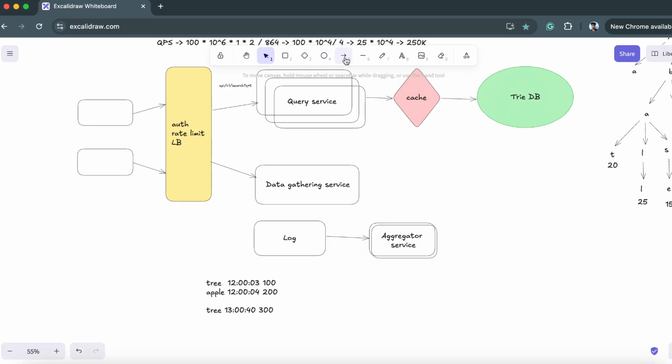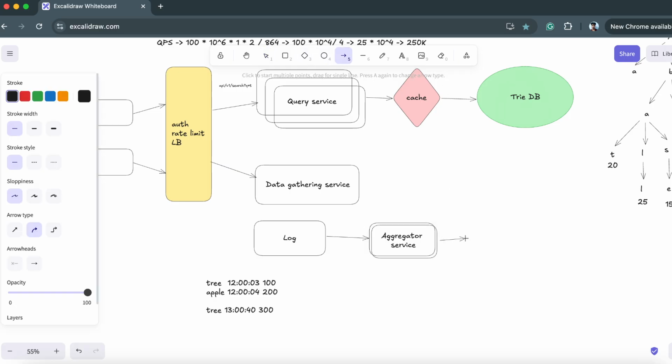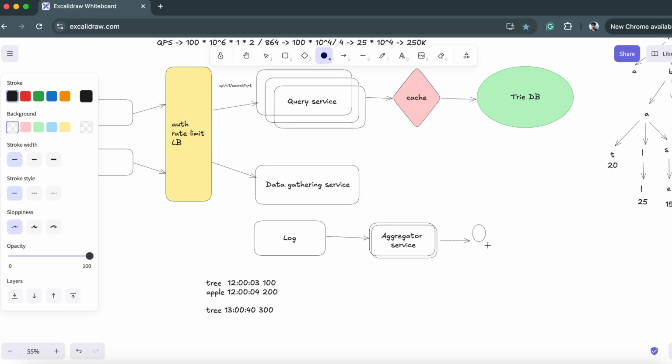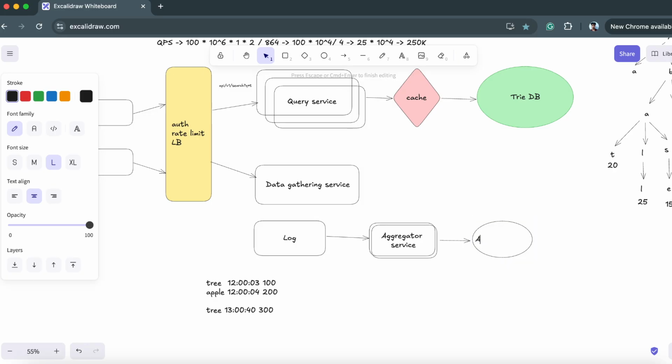The moment this is done, we will keep on storing it into the aggregated data. Whatever data has been aggregated, we will store somewhere. Here we will have the aggregated data, and all the data we have, we are storing right over here.